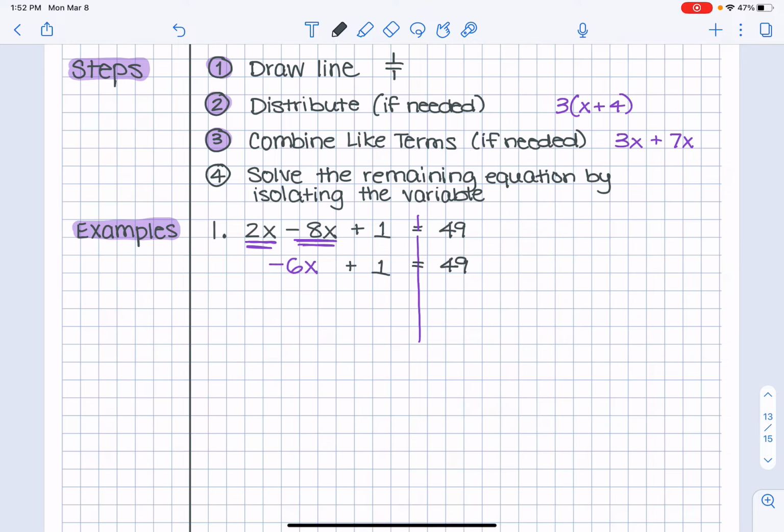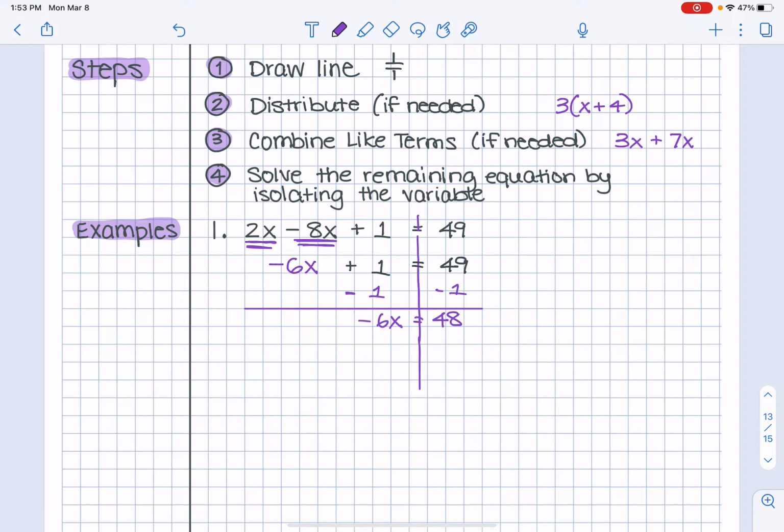All right? Now I can move on to step number 4, which is to solve the rest of this equation just like we've been solving before. So before, we had to get our x all alone. I'm going to first get rid of this plus 1. And I'm going to do minus 1 because that's the opposite. And anything I do on one side, I have to do to the other. After I do that, I have negative 6x left over on the left side and 48 left over on the right side because 49 minus 1 is 48.